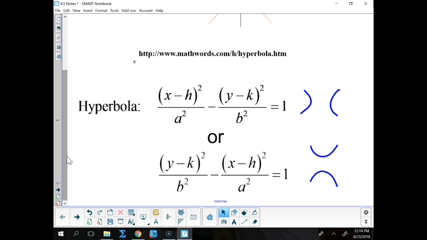So for a left-right hyperbola, x comes before the subtraction sign. For an up-down hyperbola, x comes after the subtraction sign. A squared is always under x. B squared is always under y.